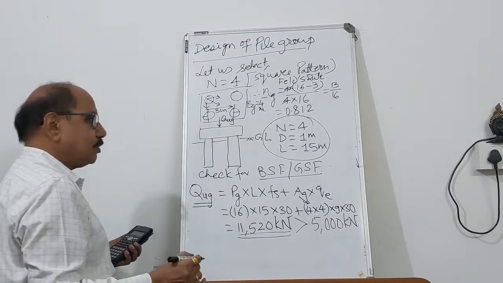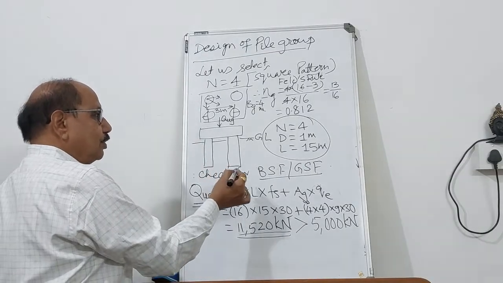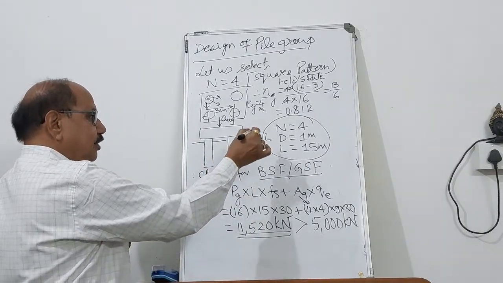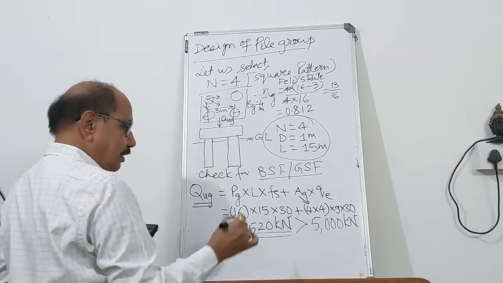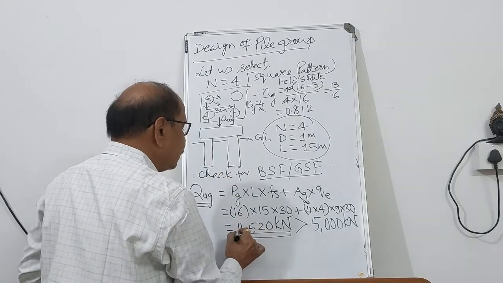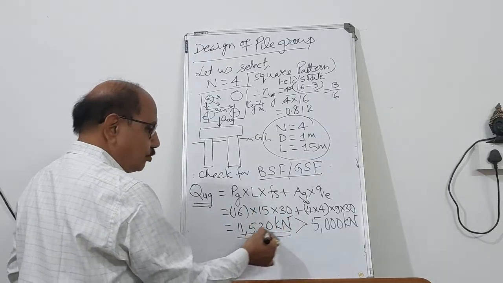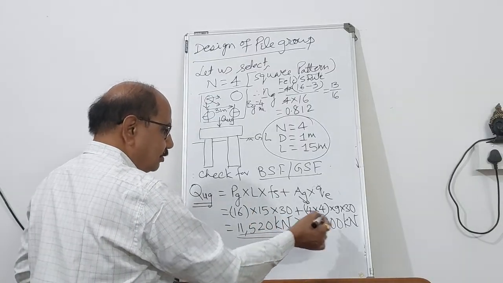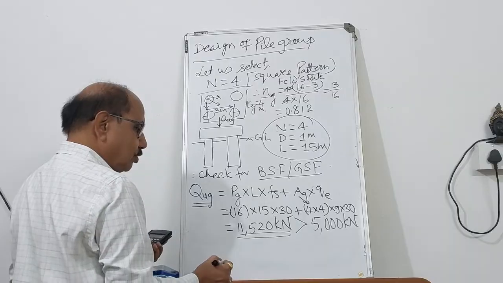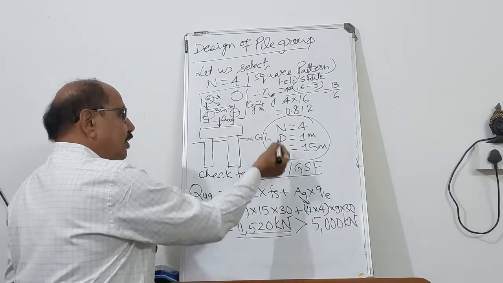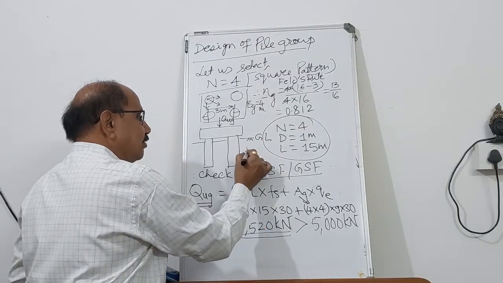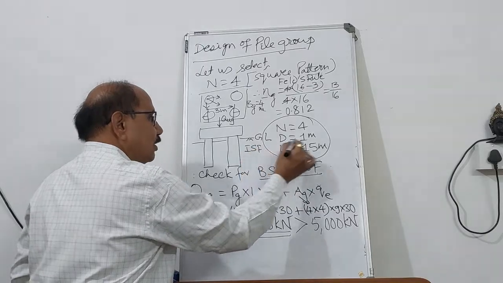And therefore, the pile group based on individual shear failure, whatever we have designed, is correct. So it is safe. In block shear failure, it is not going to fail, it is going to fail at a lower load than 5000 kilonewton. So whatever we have designed based on individual shear failure is going to be correct.